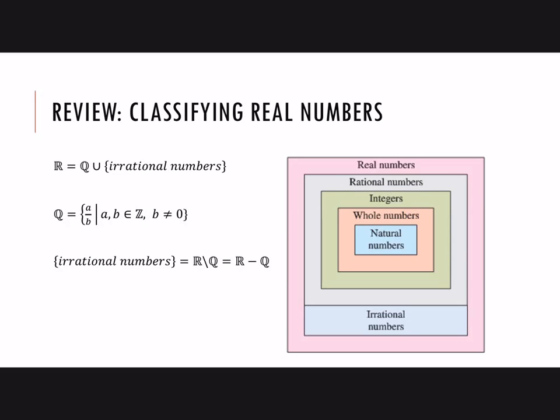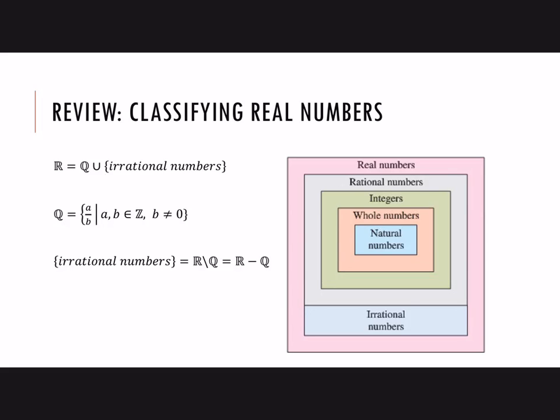The real number system is composed of the rational numbers, and there's your symbol Q for quotient, and then if we union that with the irrational numbers, that makes up the set of real numbers. So every real number is either rational or irrational.